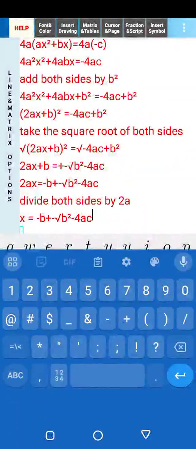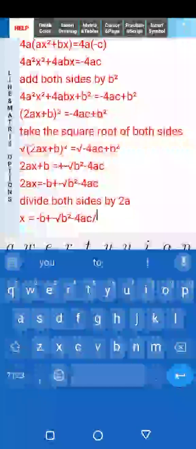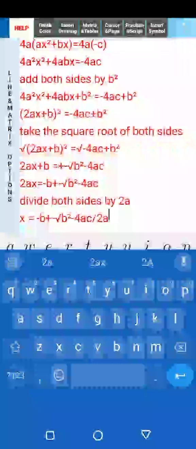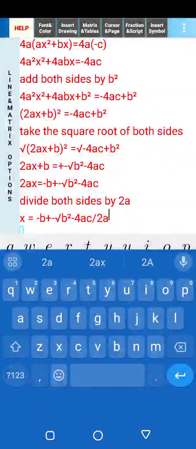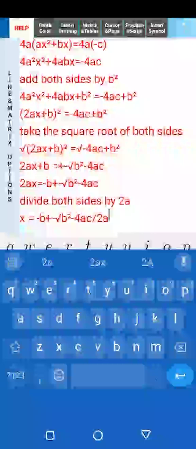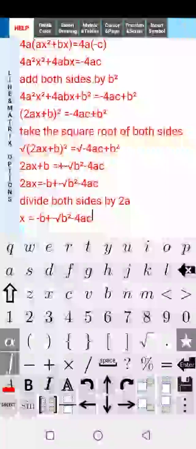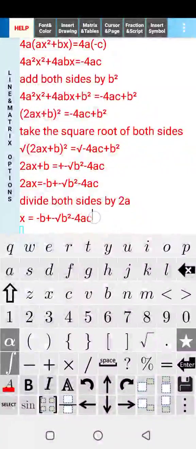All this is all over 2a. Or if you do not understand it like this, let me show you something.